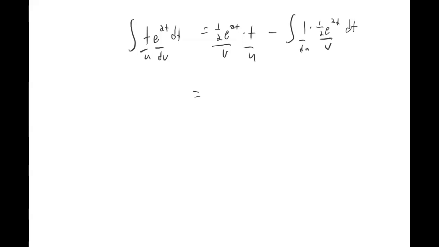Now you see this integral right here is much easier than this one. I'll put the t here now that you all see where it's going. e to the 2t dt, and this you should know how to do, right?